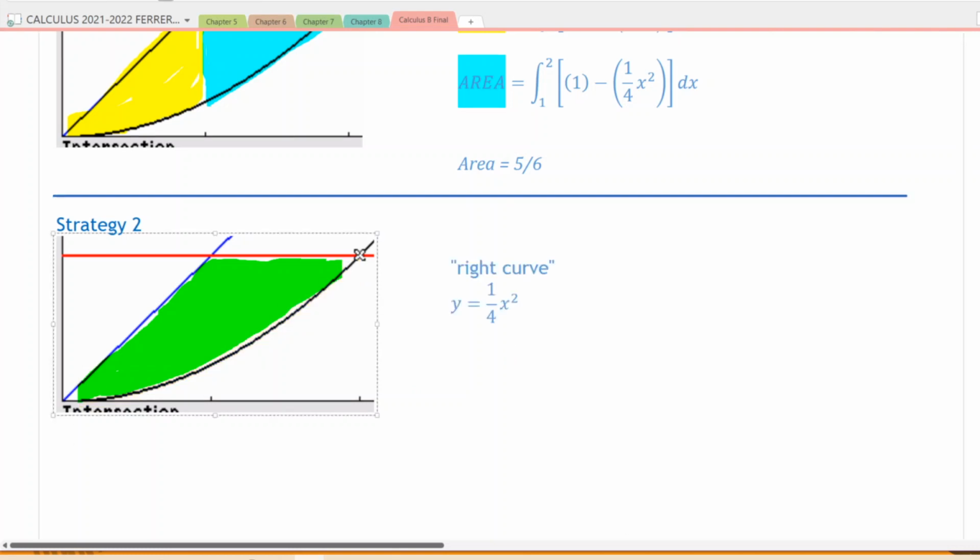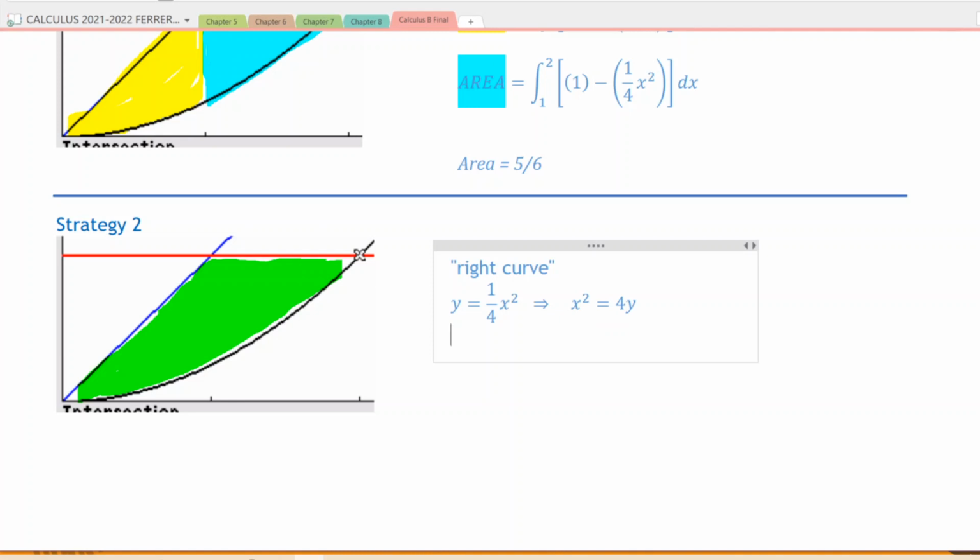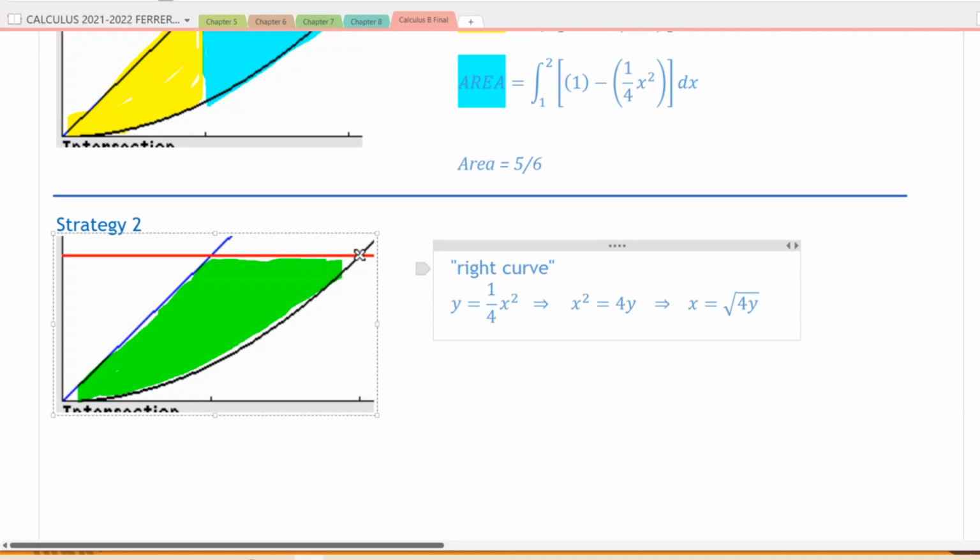Okay, well, I can't actually use that. I have to solve for x in this case. I need a function in terms of y. That equation solves nicely into x squared equals 4y, or x is equal to the square root of 4y. I would not recommend simplifying it much more than that.